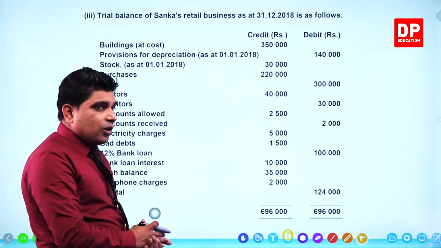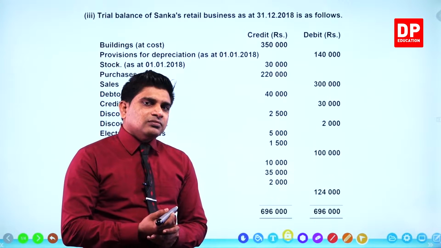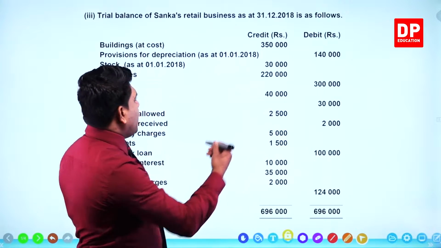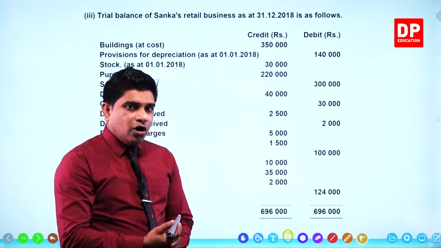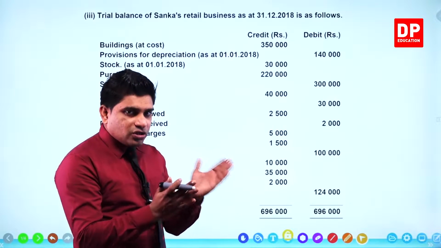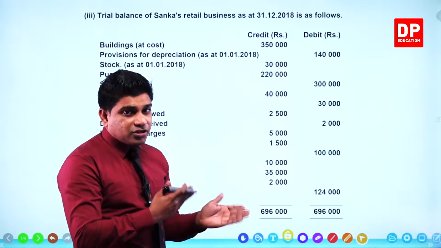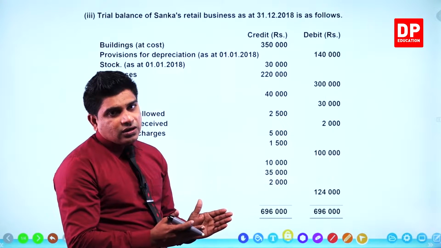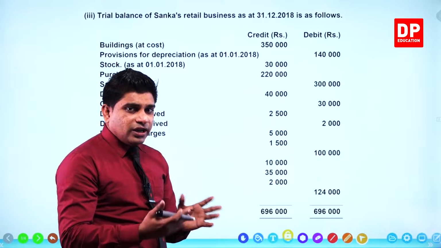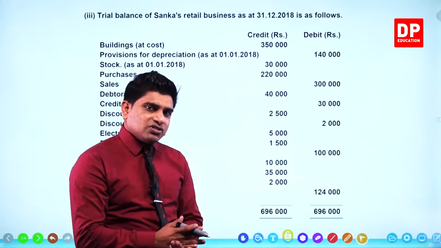You know the method now. Before we do the question, take your pen and mark each of these items, where it goes and in which category. If it goes to the profit and loss statement, mark which category: administration, distributing, financial, or any other. It's very easy for you when we do the question.